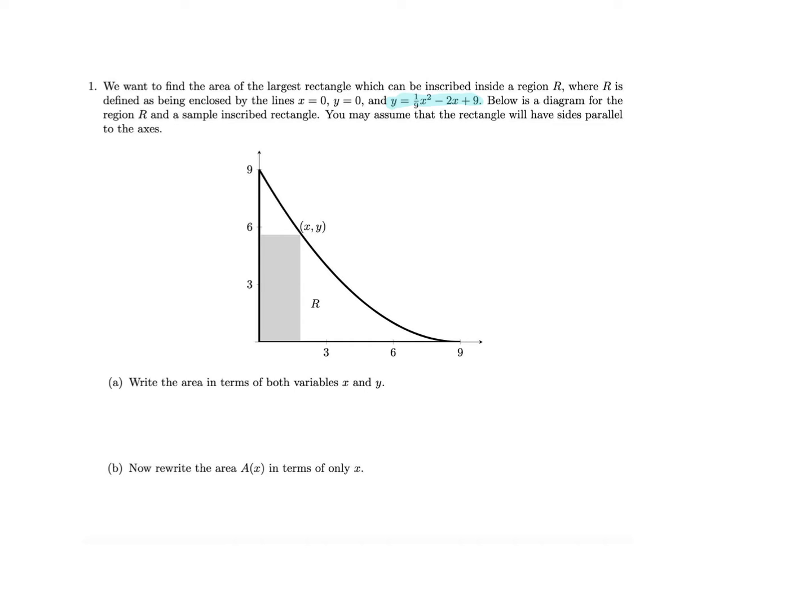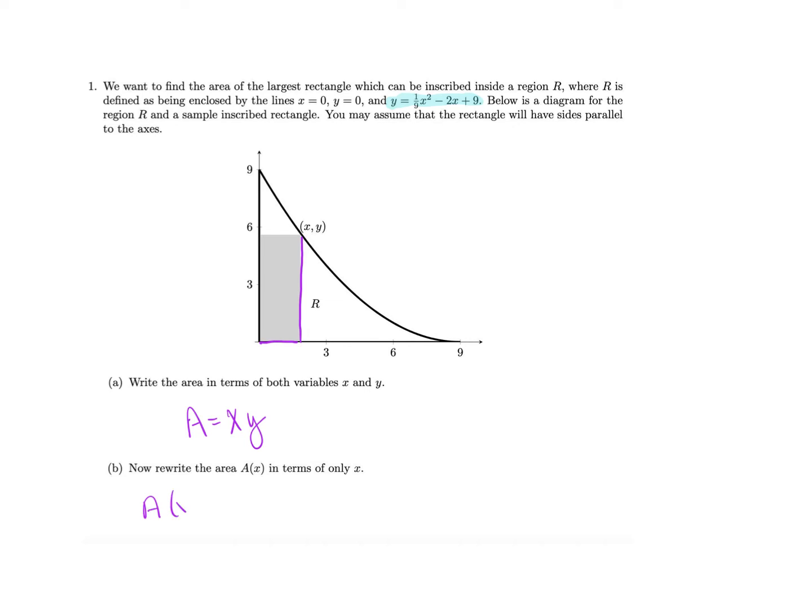Okay, write the area in terms of both the variables x and y. So the area of this rectangle is length times height, or base times height. Based on the coordinates being x, y, its base is x and its height is y. Now we want to rewrite the area in terms of only x.